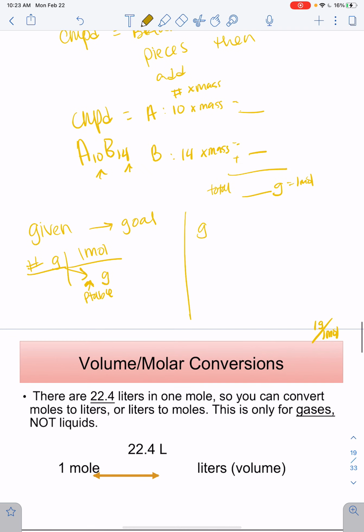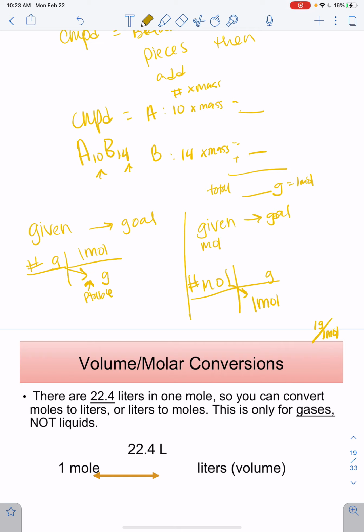If your given to goal starts with a mole, then we're going to put however many moles we were given. Since moles on top, we're going to put 1 mole on bottom. And since we're trying to get to grams, we're going to put grams on top. And again, this number comes from the periodic table or from the compound calculation that we just did.